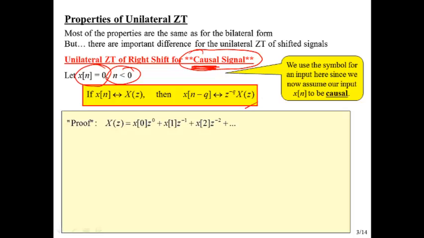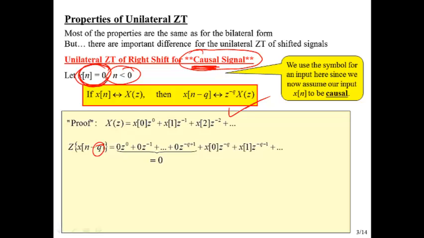So here I've just expanded the Z-transform equation to show some of the terms explicitly. And now I'm going to do the same thing for a shift by Q. And so what ends up happening is everything gets shifted to the right, and Q of these 0 values now get shifted in.